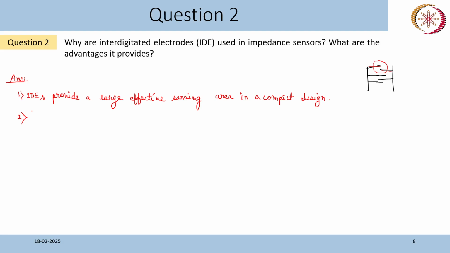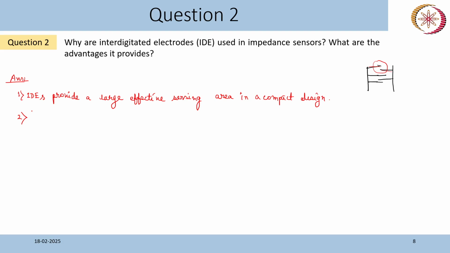Now, instead of that, if you go for interdigitated electrodes, the advantage is that you don't need extra chemicals. Many times these dyes and chemicals are expensive. Because it is an impedance sensor, you can easily make it using a standard fabrication process and replicate it very easily. If you use soft lithography, you can make it in a very short amount of time, and you can reuse these sensors.